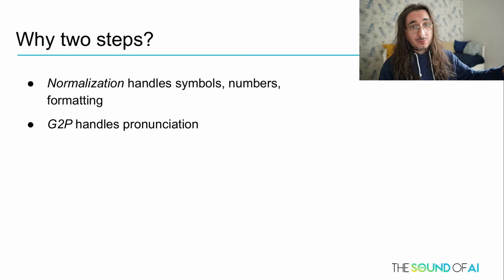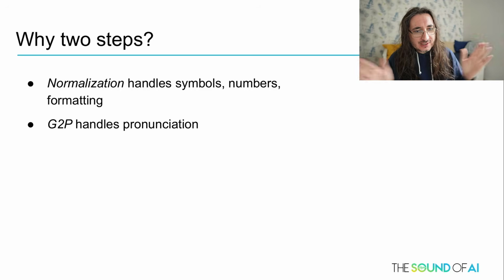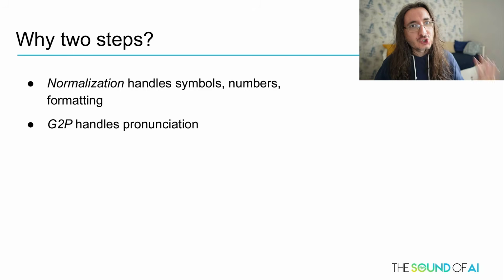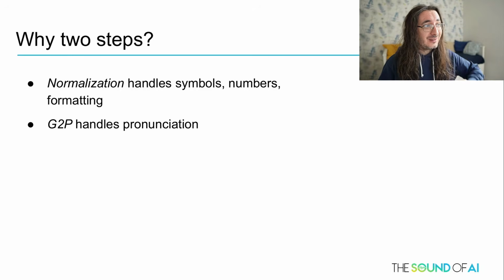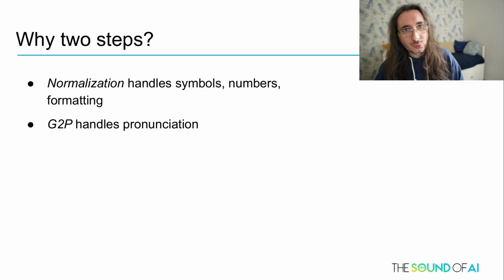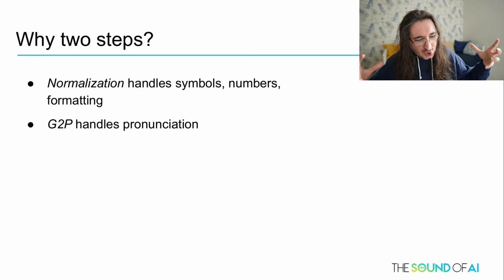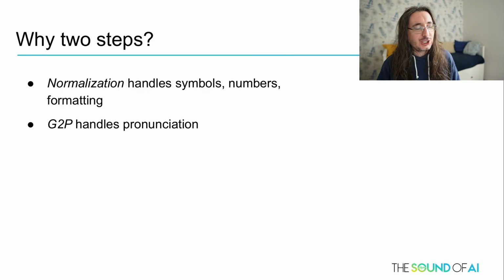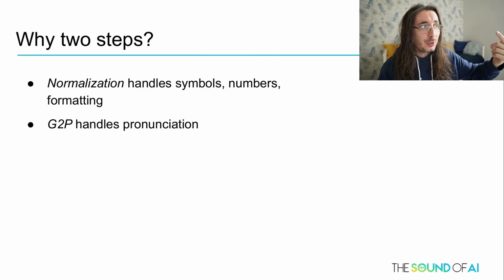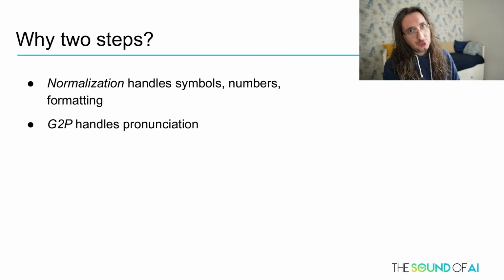And then G2P handles pronunciation. So we basically tend to separate these 2. This is not always true. There are certain normalization processes that are also done by G2P algorithms, and sometimes the 2 can be conflated. So it's not really a perfect division, but from a conceptual point of view, it makes sense to separate these 2 levels.